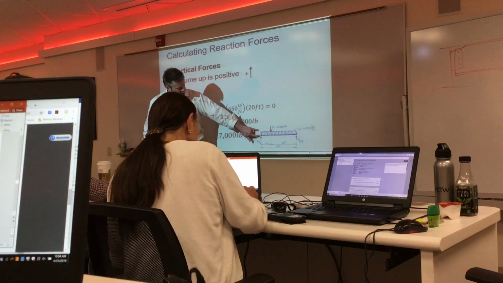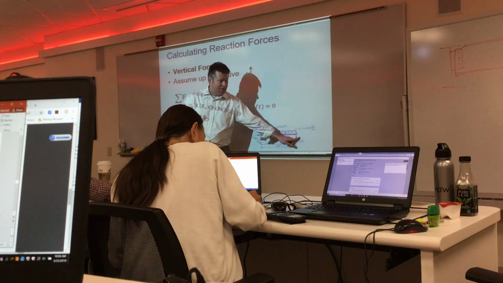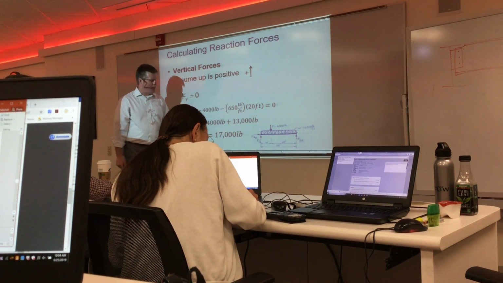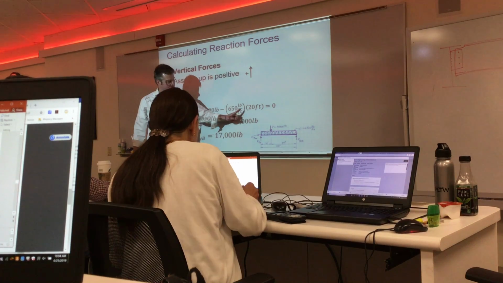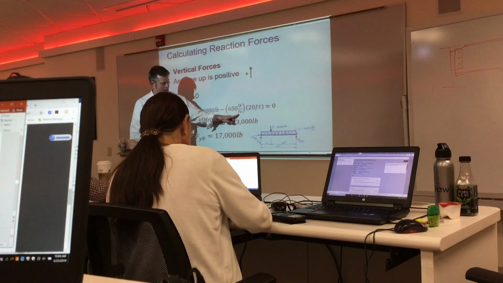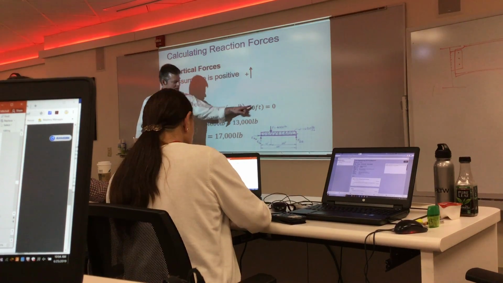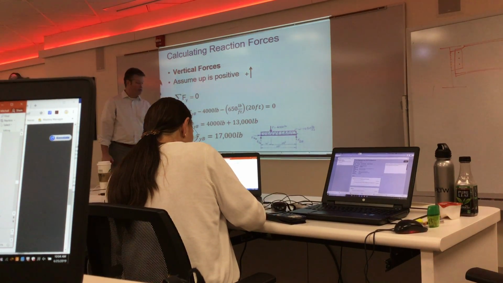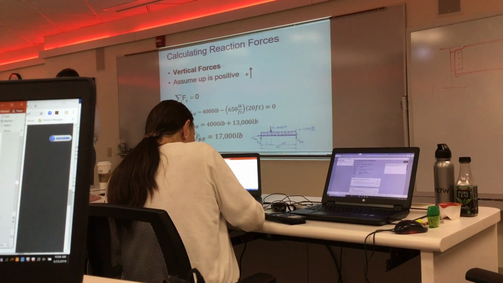It's got a height of 650, it's got a length of 20. And if I work out my units, height times length gives me the area: 650 pounds per foot times 20 feet, cross off the feet, will give me pounds, so I'm consistent with my other units of force.